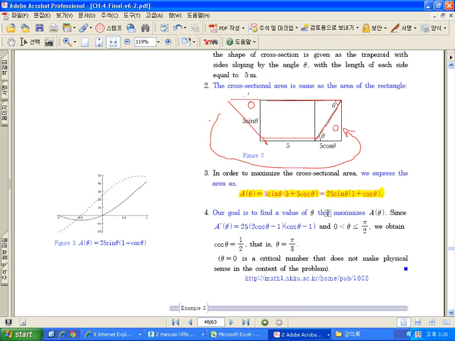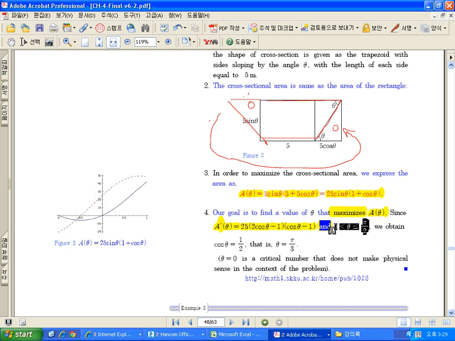We want to maximize this area, so we need to find the critical point first. If we draw this graph, we may find it like this. Then we find the first derivative of this function of one variable. If you solve this equation, we will have a solution of theta equal to 0 or theta equal to pi over 3.